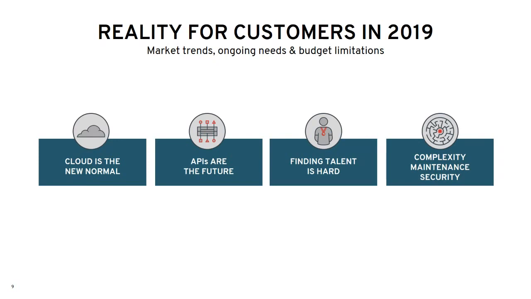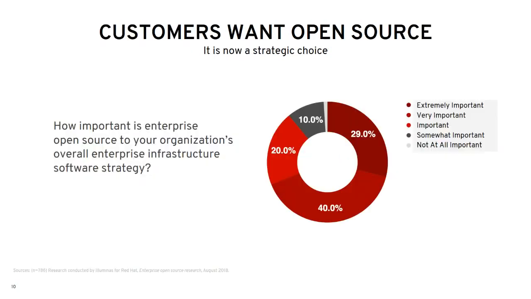Maintaining different infrastructure is very painful, and managing security across different infrastructure is also hard. So customers want open source. Now everybody is looking for open source. They want to invest a very small, limited budget but still achieve whatever they want. That is a new strategy choice now.